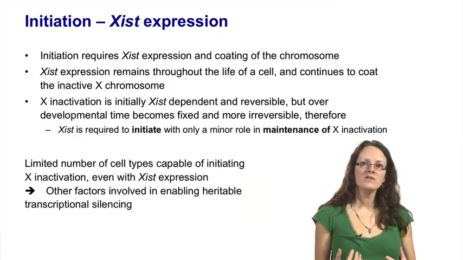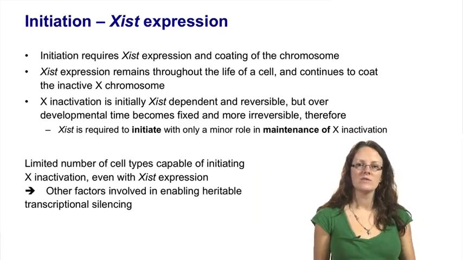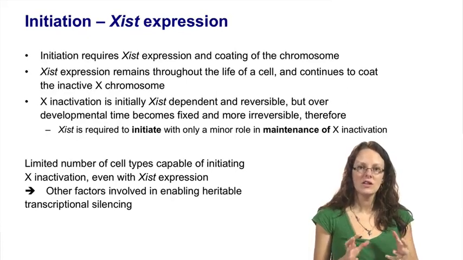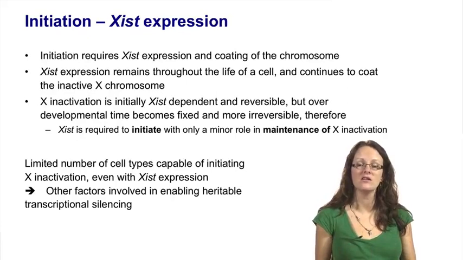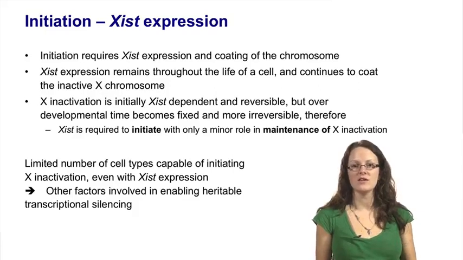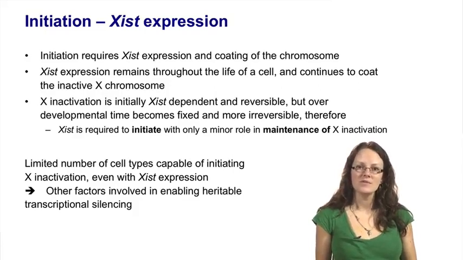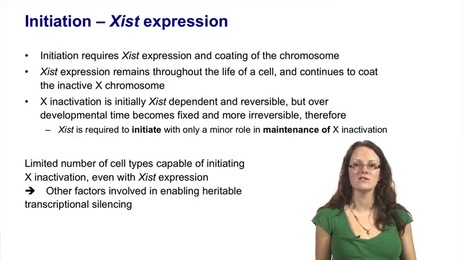So, we know that Xist expression is really critically involved at the early phases, but we also know that if you turn Xist on in most cell types, for example on a transgene that's located on an autosome, we don't find X inactivation ensuing. So there are very few cell types where X inactivation can actually proceed even with Xist expression.